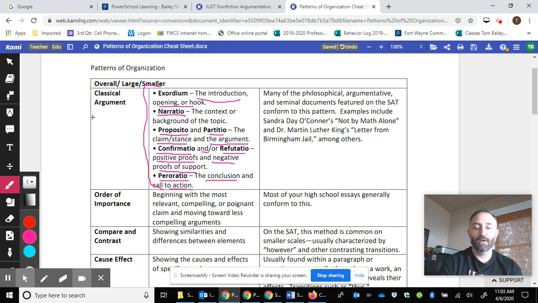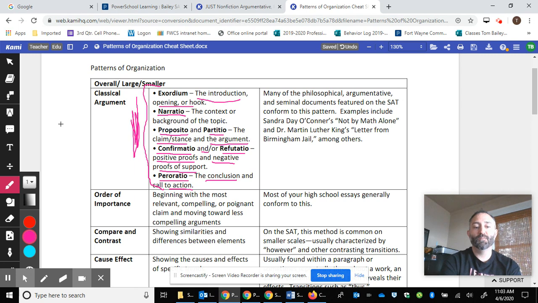Now, for the sake of SAT prep, it is almost impossible for the SAT to include the full classical argument that somebody has made. So what you have to do as a reader is read what they're doing and try to infer what part of the classical argument is being made, and you'll notice the features of it.